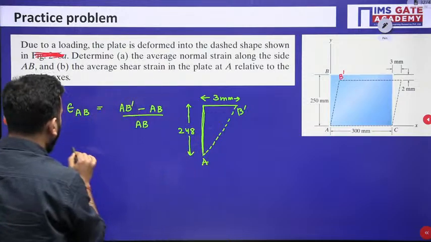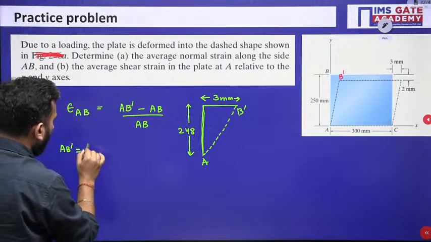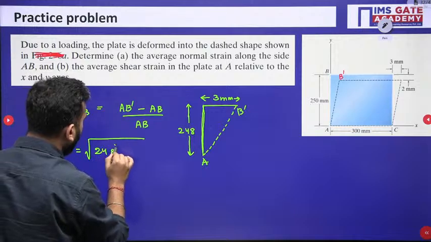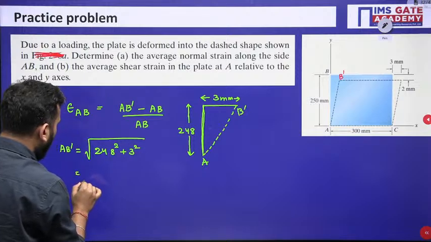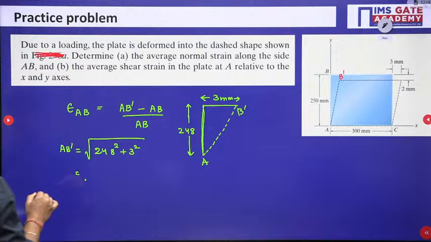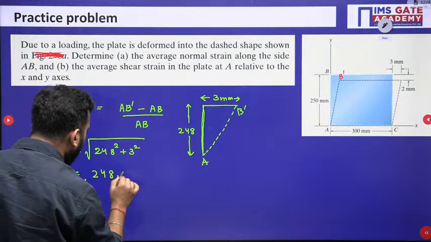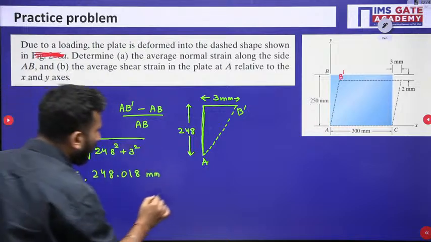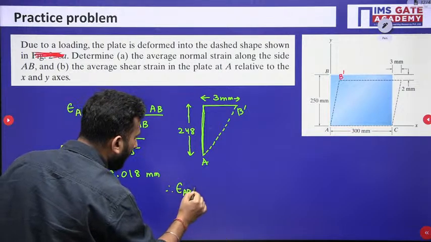So AB dash will be root over 248 square plus 3 square. If you find out, this will come out to be 248.018 mm. And once you know AB dash, I can very easily calculate the strain in AB.